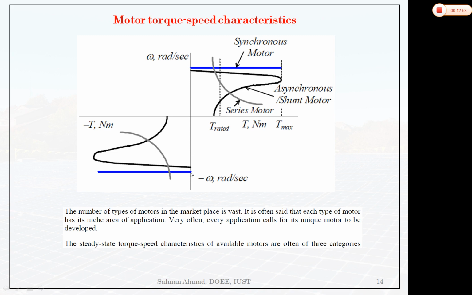Then the DC series motor has a characteristic like this. And this one, if I take from this to this, it will be something like that of a shunt motor characteristic. And for the induction motor or asynchronous motor, the speed-torque characteristic looks like this.